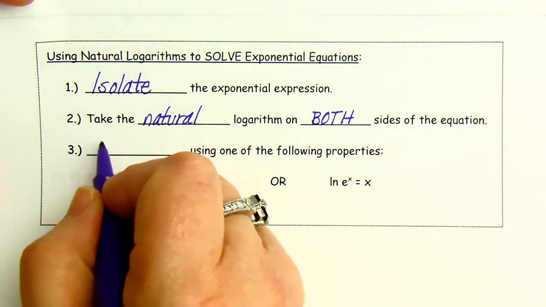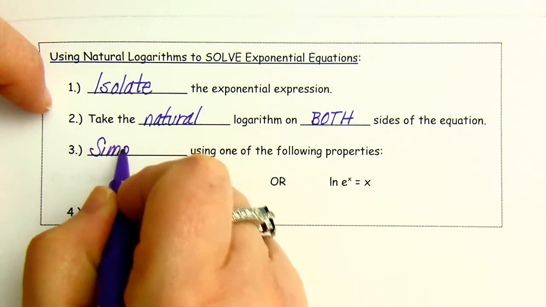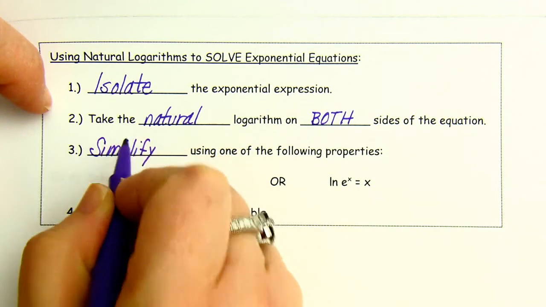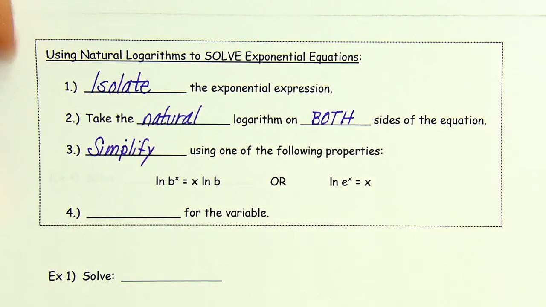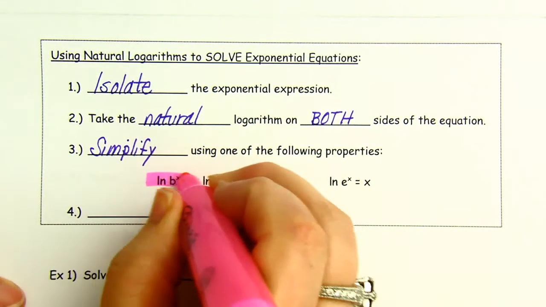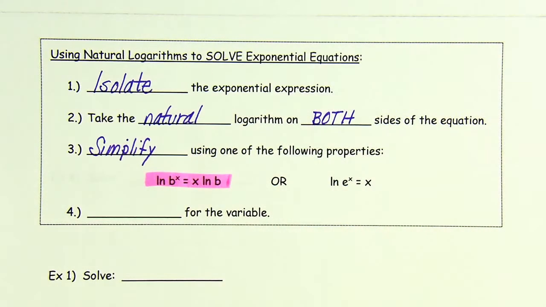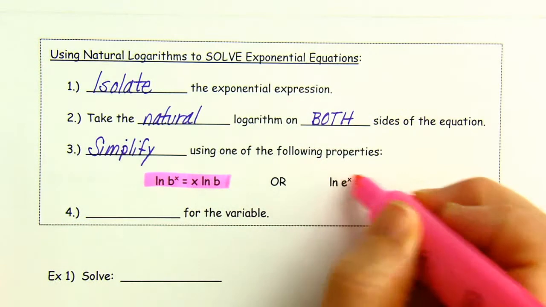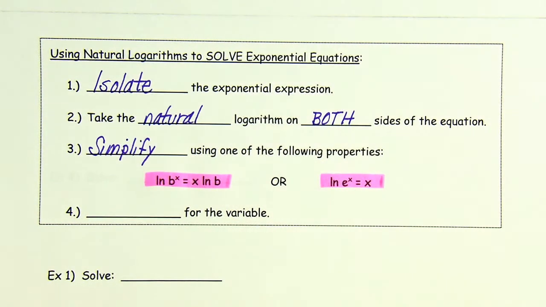Number 3, you're going to simplify using one of the following properties. Natural log of b to the x equals x times the natural log of b. That's your power rule. Or natural log of e to the x equals x. That's your inverse property.